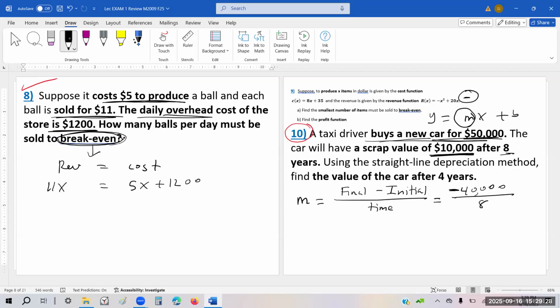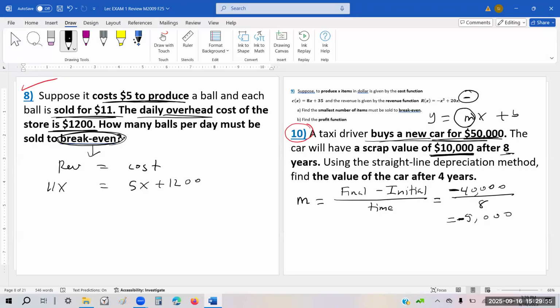So how much money did he lose per year? 5,000. Since he lost, that's why it's the minus. His initial amount was 50, final was 10, and it took 8 years. So negative 40,000 in 8 years. So per year, he lost 5,000.